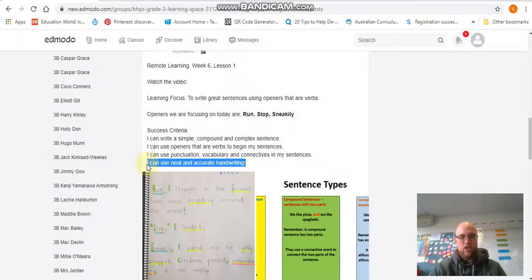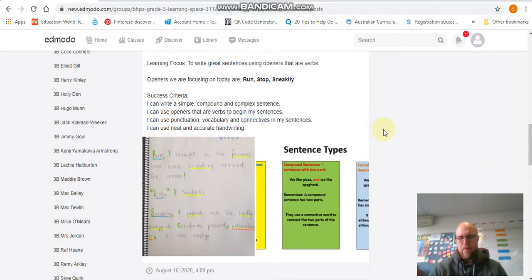And I can use neat and accurate handwriting, because we're only going to write 3 sentences today. So you need to make sure that you're focusing on your handwriting and making sure it's neat and tidy. And also making sure you get your punctuation in, you're choosing some really good words, thinking about good connectives in your complex sentences.